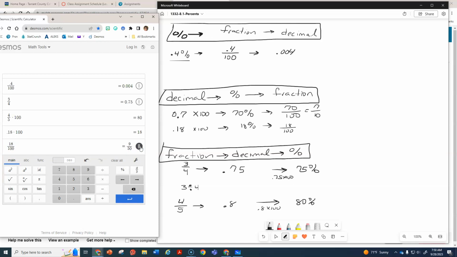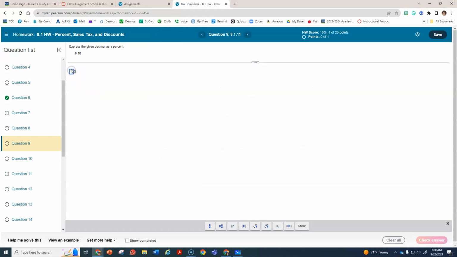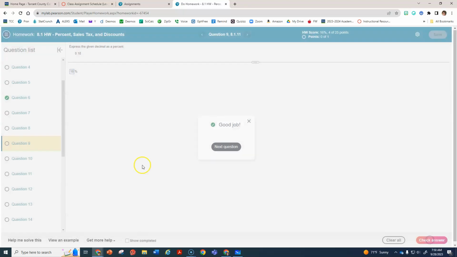And it looks like what happened is the 2's divided out. 9 times 2 is 18, 50 times 2 is 100. So 18 over 100 reduces down to 9 over 50. But they wanted a percent, so I didn't even have to do that last part. That is 18, and they put the percent sign after it, so I don't have to.